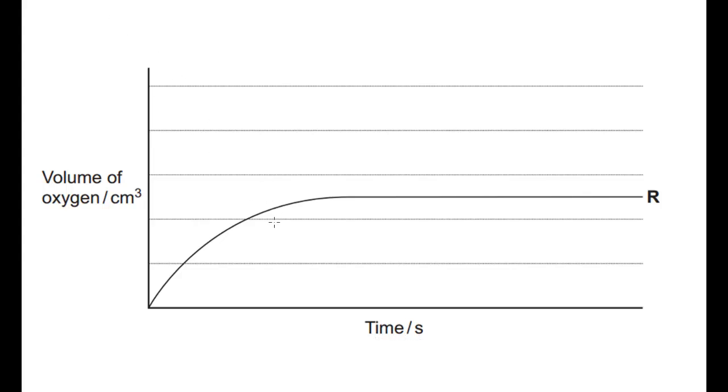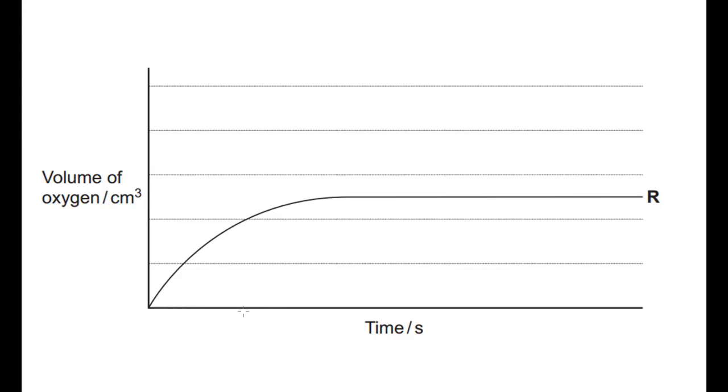Now this is a graph showing a reaction, whatever it is, maybe decomposition of hydrogen peroxide, it could be anything. We're producing oxygen, and we're producing it over time. We're going from this point here, and we're going up here. So it's a completely qualitative graph. There's no numbering associated with it.